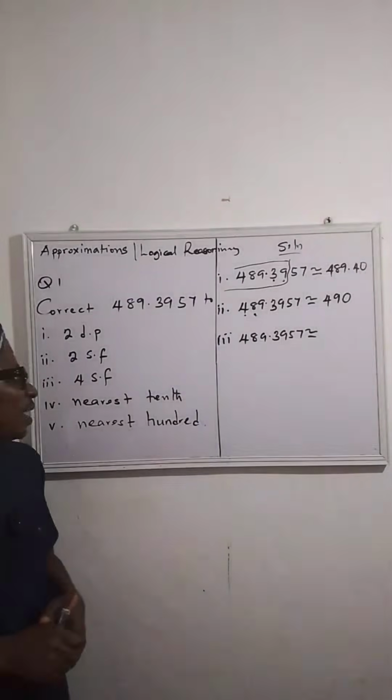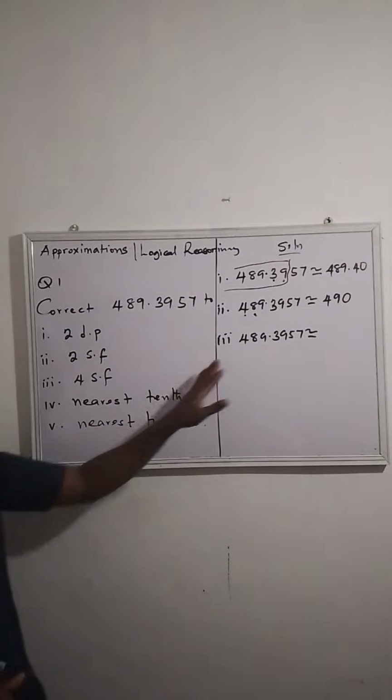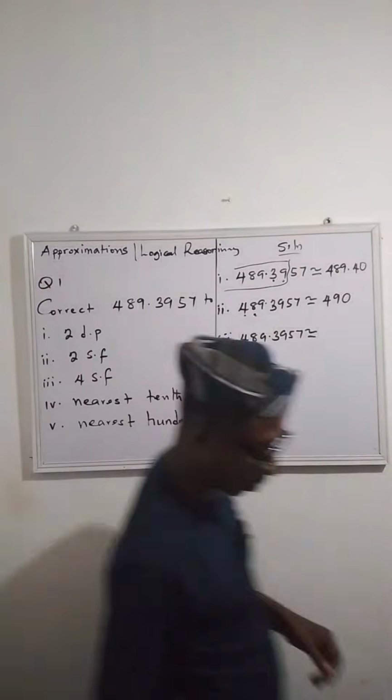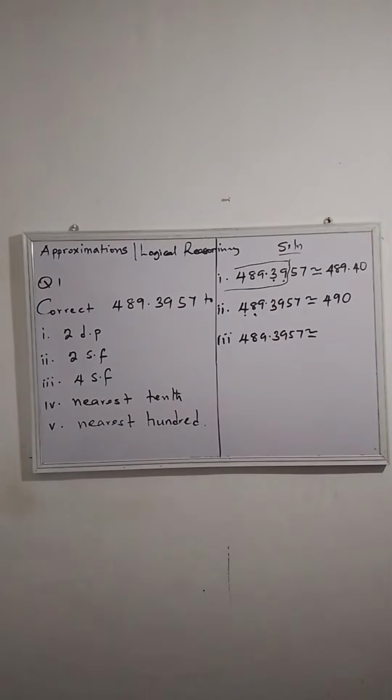Okay, so what do you have? Correct this number to 4 significant figures. So drop your answer in the comment section. Let's see what we have here. Okay, yes, Dara Simi, I can see your answer.